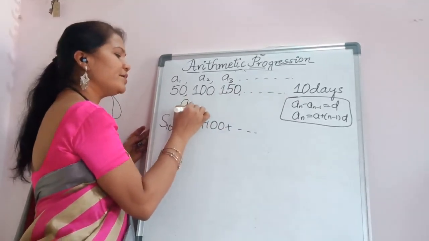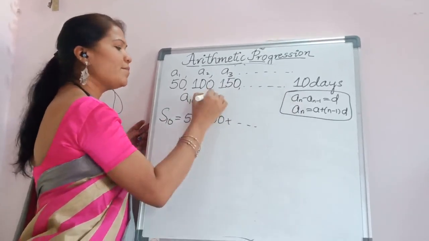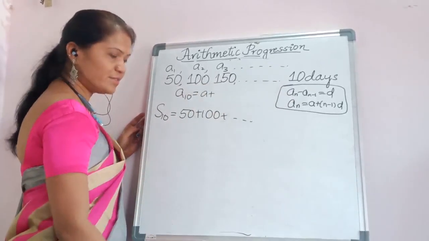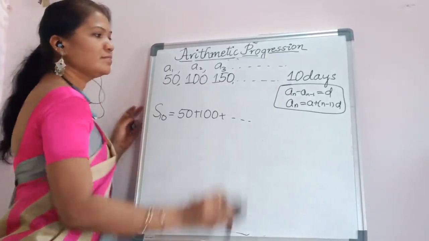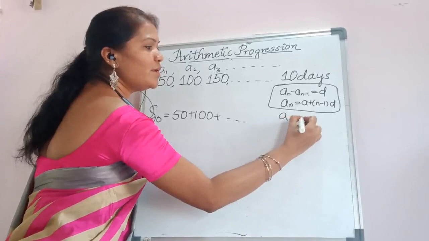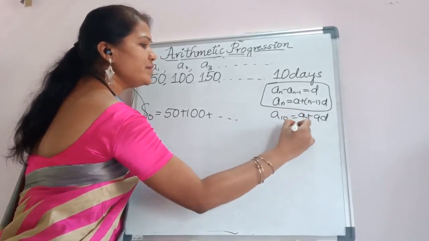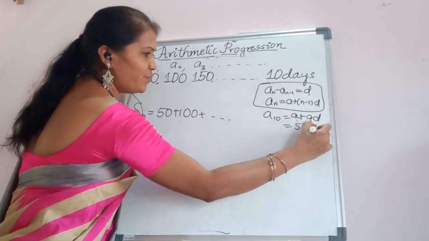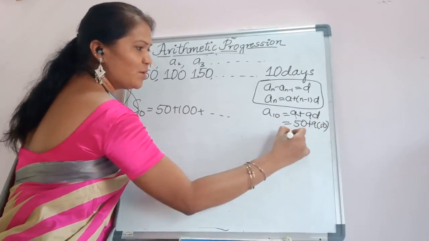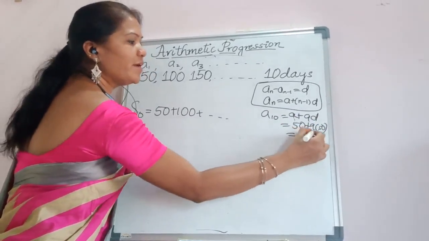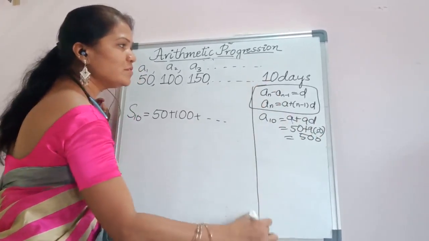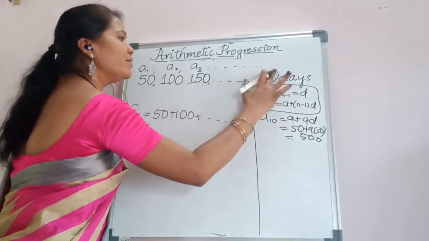Let us find A10. How will I get A10 using this formula? A10 is what? A plus 9D. Means A is 50 plus 9 into 50. Is how much? 450 plus 50. 500 I got it, no? So the 10th day becomes 500.